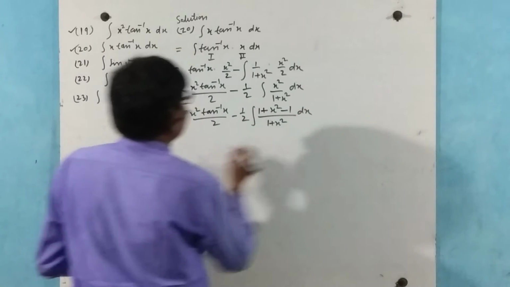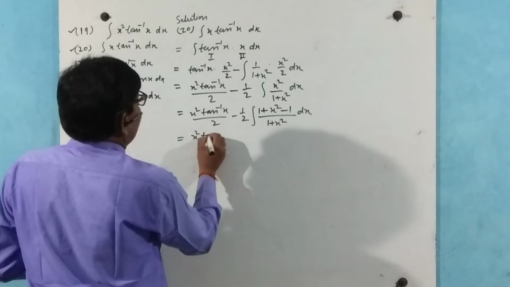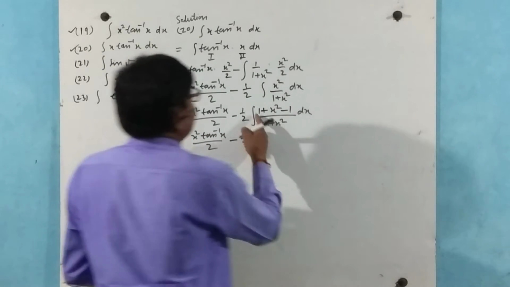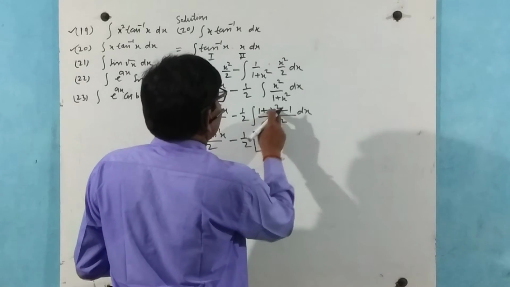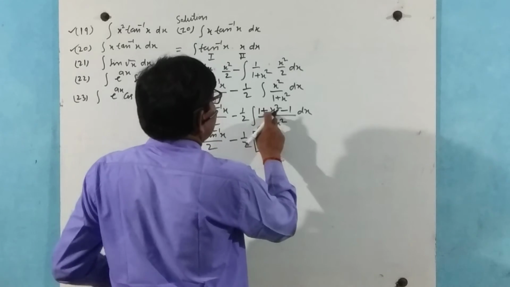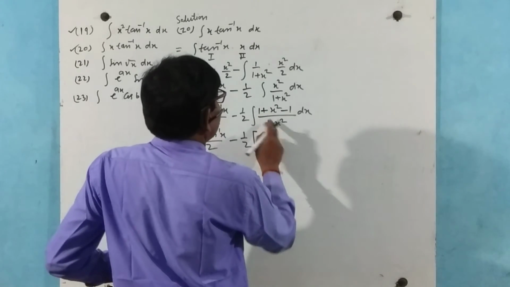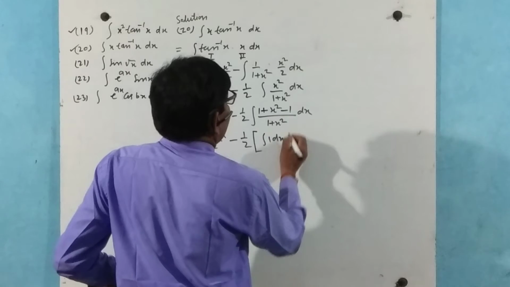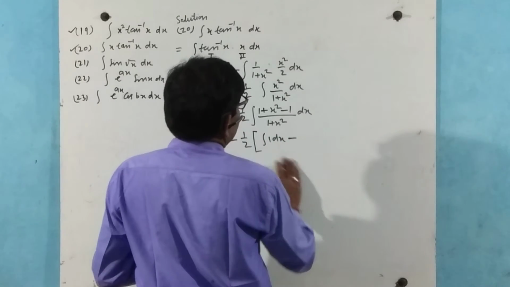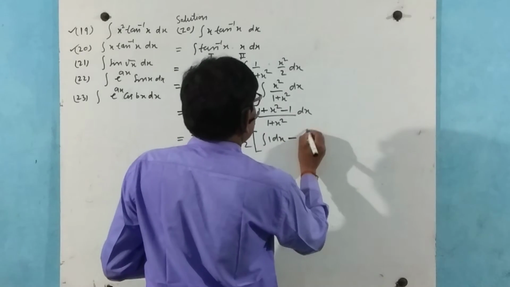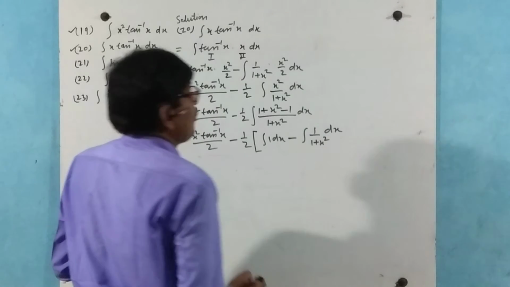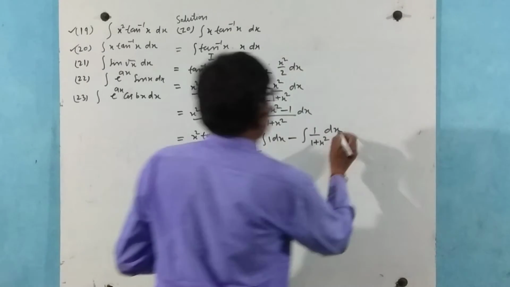This can be written as 1 plus x square minus 1 divided by 1 plus x square. So we write 1 plus x square by 1 plus x square, integration of 1 dx, and minus integration of 1 by 1 plus x square dx.